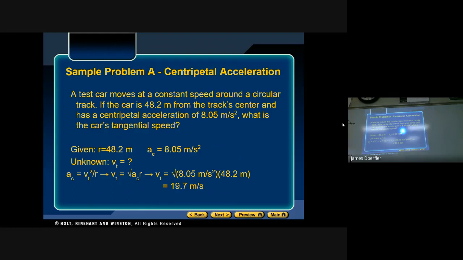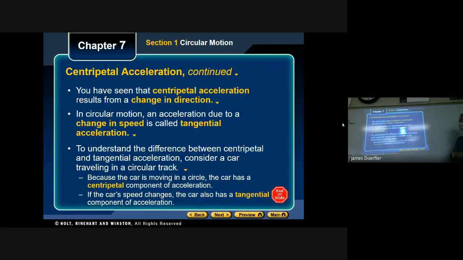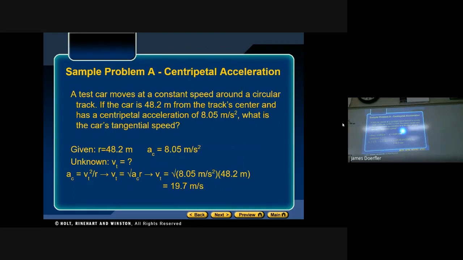And so taking the formula that we saw a few slides ago, we rearrange it to solve for VT, remembering that VT is squared. So you'll have to remove that square and use the square root. So you take your acceleration, your 8.05, multiply it by your radius, and then take the square root.